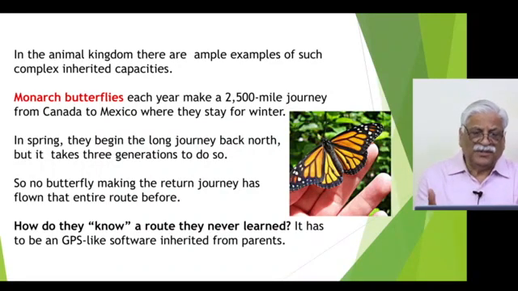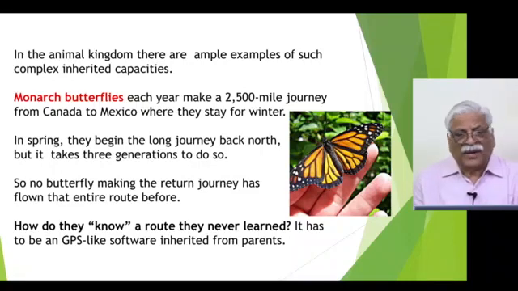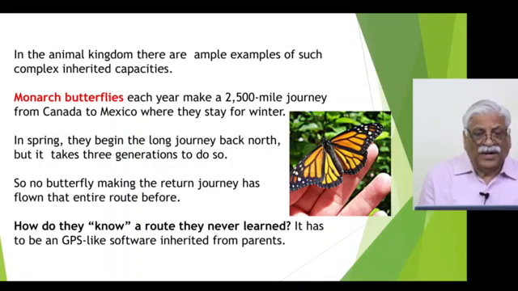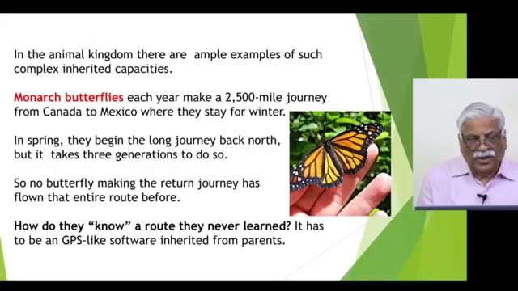It means that after 3 generations, they return back home. So no butterfly which is making the return journey has flown that entire route before. How do they know a route they have never learned? That means it has to be a GPS-like software inherited from their parents.